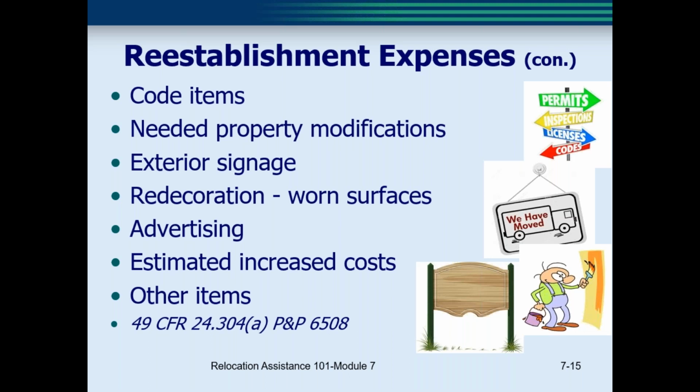One thing you need to keep in mind when it comes to reestablishment, again, is the phrase actual, reasonable, and necessary. With each of the items that they want to upgrade or improve at the new location, you have to run it through the test of: is it an actual cost that they incur, is it reasonable, and is it necessary for them to operate their business.